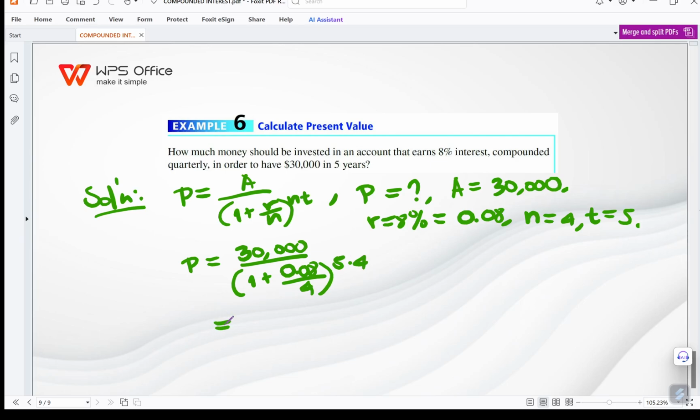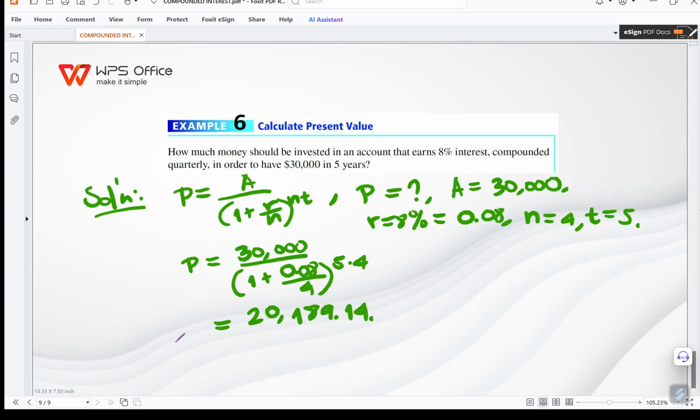Now, after doing some acrobatics in algebra, you can do this one with your calculator. You will get the number 20,189.14. So if you want to get an amount of 30,000 for an 8% interest rate, and the compounding number is 4, with the length in years being 5, you need to invest today $20,189.14.